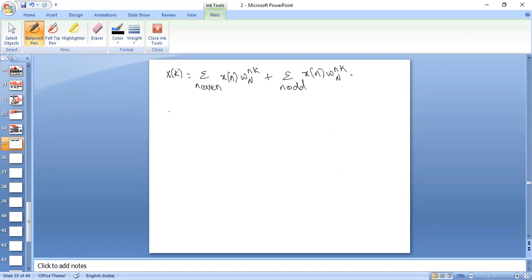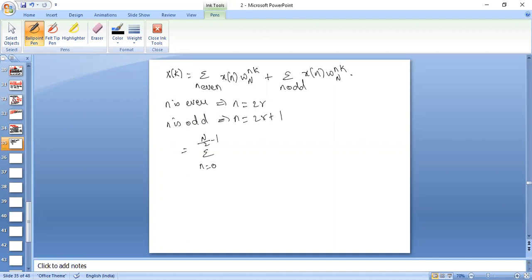So when n is even, n is equal to 2r. When n is odd, n is equal to 2r plus 1. So for the total number, we discussed sigma n is equal to 0 to n minus 1, right? Since it is half, it is 0 to n by 2 minus 1.